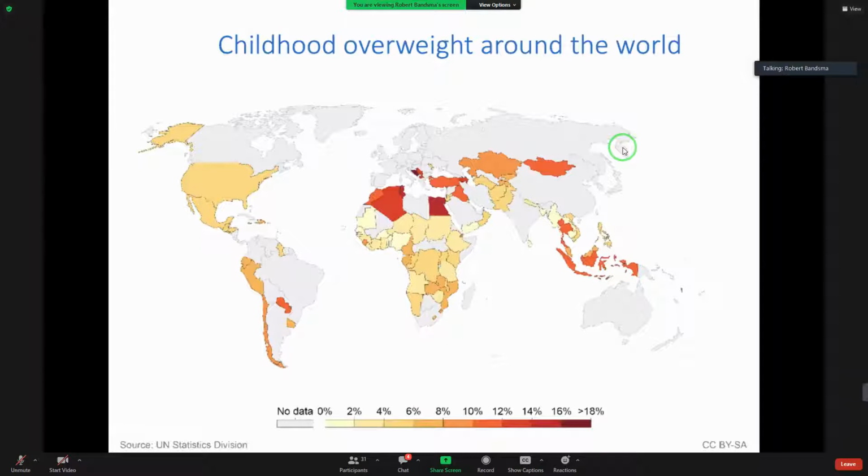And actually, in absolute terms, it's projected that soon countries like India, China, and other low- or middle-income countries will be harboring the largest population of overweight and obese children. So no longer the high-resource countries.